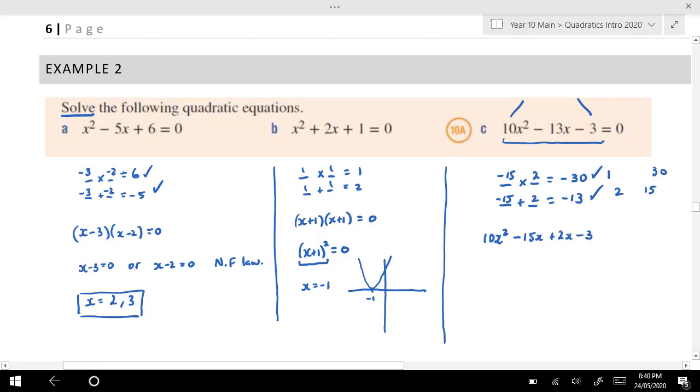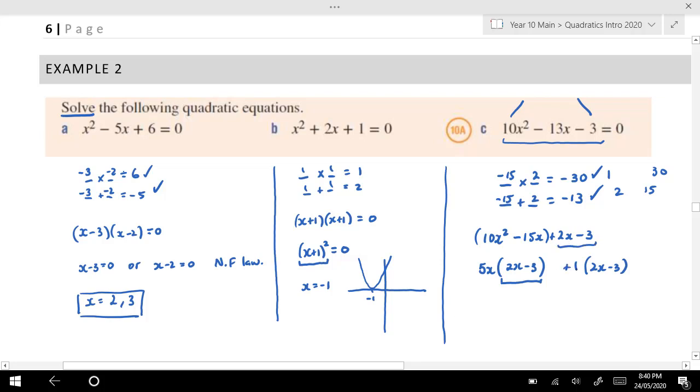So we then have to bust that second term up, that minus 13x, into minus 15x plus 2x minus 3. And we now factorize using grouping. So I'm going to group these two together. Highest thing that goes into each of those is 5x, and that would give me 2x minus 3. And look, that's the hint there. If I've got a 2x minus 3 over there, then I really want to see that again. In actual fact, I can just put a 1 out there.